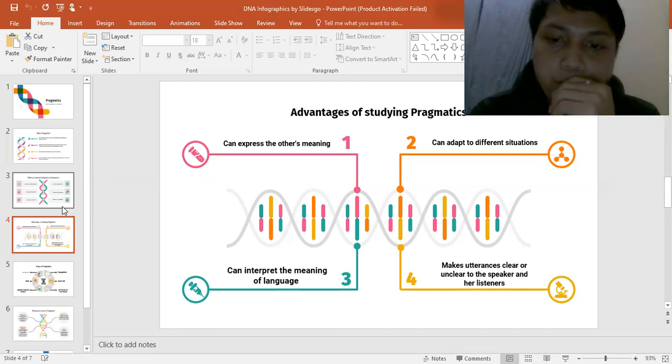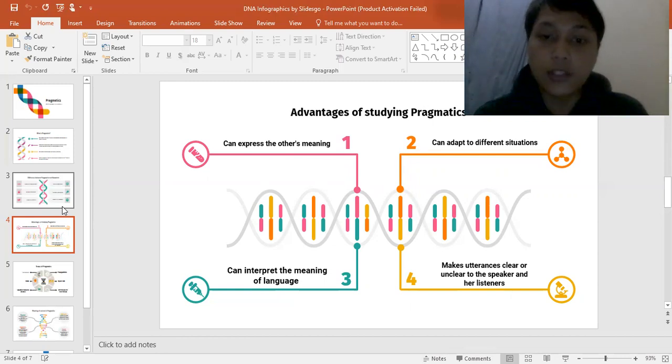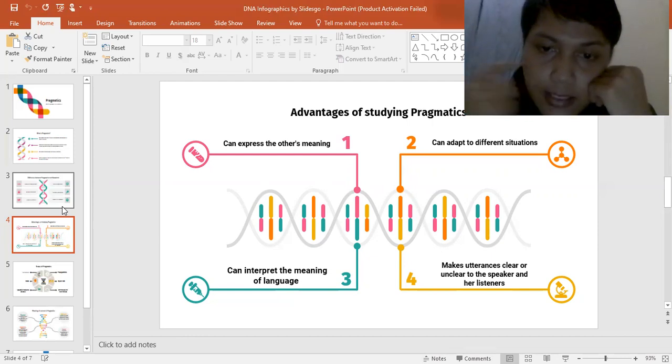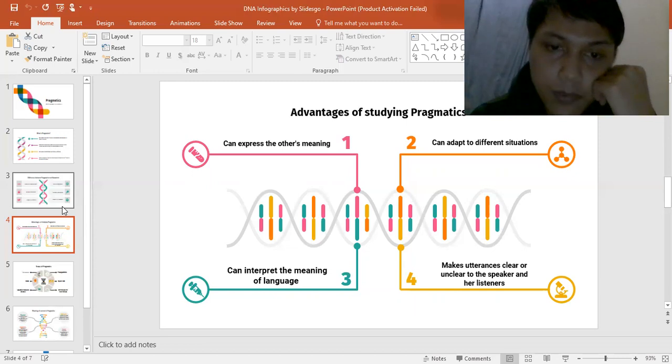And then, studying pragmatics will give skills that include conversational skills, asking, giving, and helping or offering help appropriately. Those are the advantages of learning pragmatics.